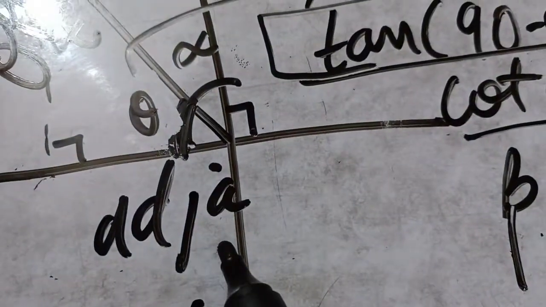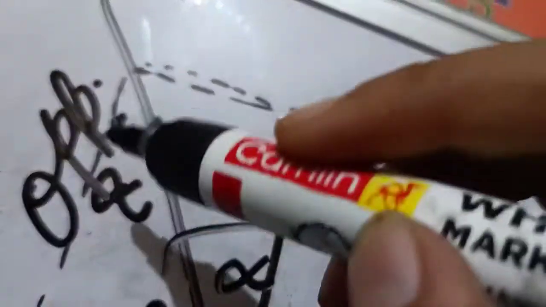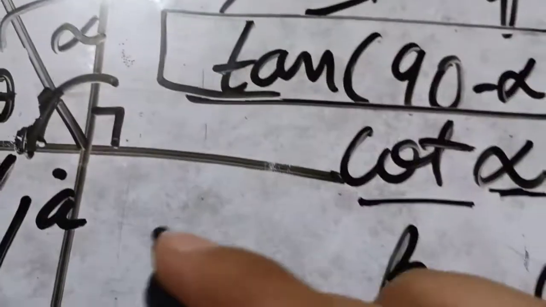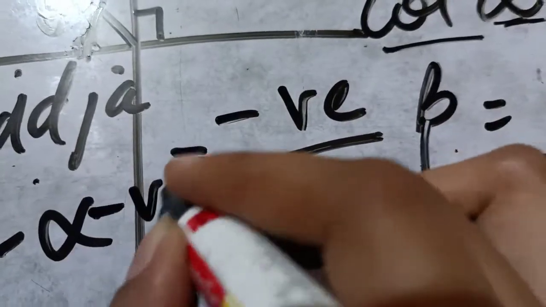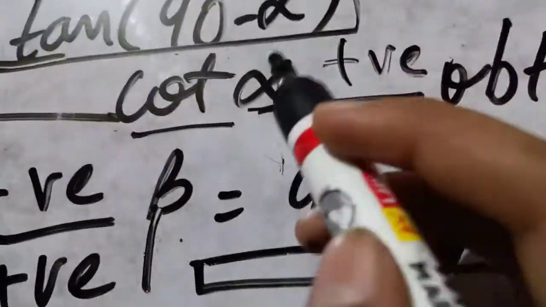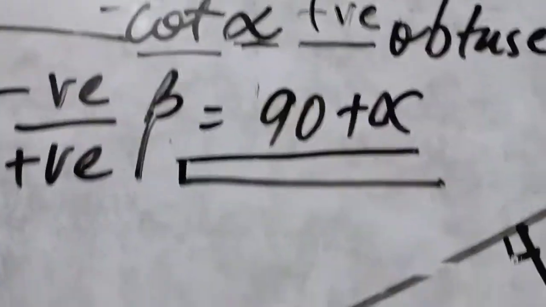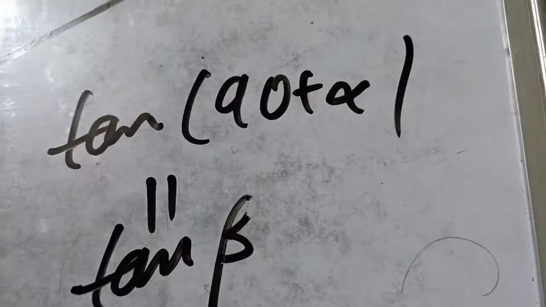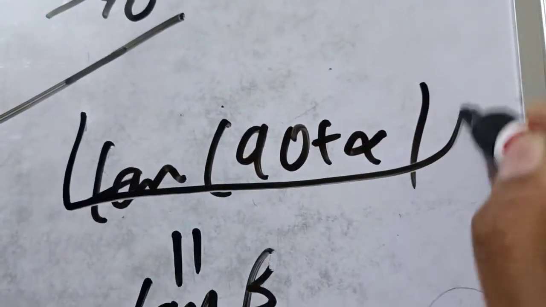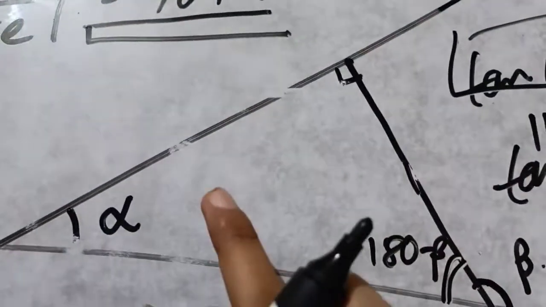When you divide this adjacent by opposite, you will find that the adjacent is negative in magnitude and the opposite is positive. When one is negative and the other positive, the result will also be negative, right? That means the value you get from here will be negative cot alpha. So tan 90 plus alpha will equal minus cot alpha.